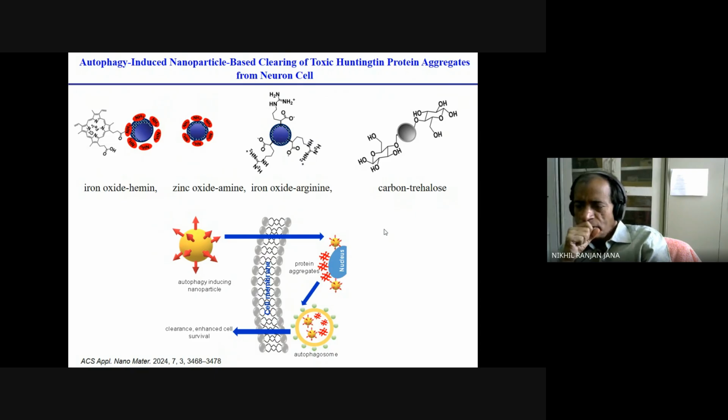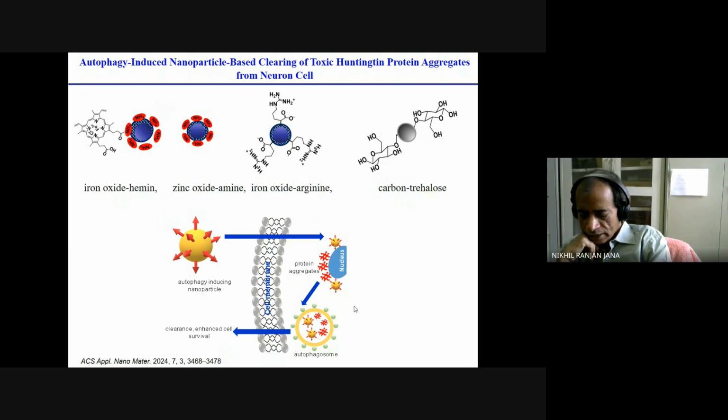Once these protein aggregates are inside cells, you need drugs that can remove those aggregates from the cells. And we use autophagy-inducing nanoparticles. So nanoparticles are designed in a way that they induce autophagy inside cells, and this autophagy process clears protein aggregates.